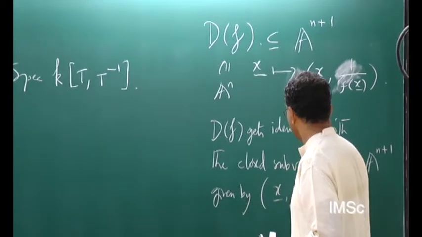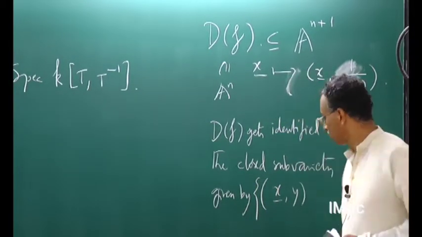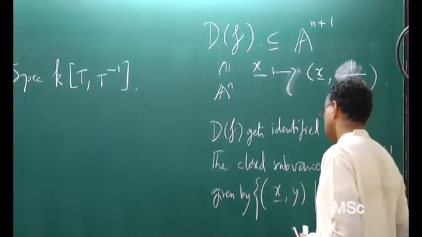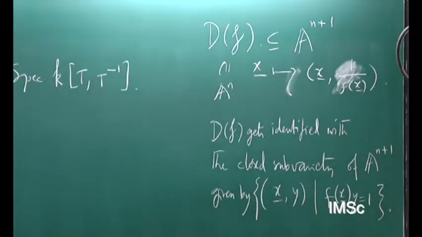So let me write, so it's a principal open set, and that's one way of thinking of Df. So Df is open in A^n, but it is also an affine variety in its own right by just making this construction.